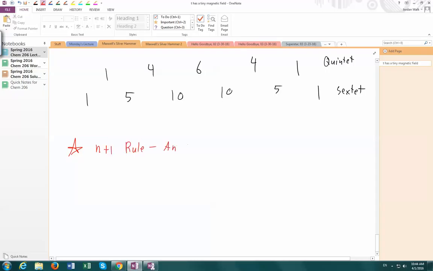And so the N+1 rule says that a hydrogen signal, or a proton signal, is split into N+1 peaks, where N equals the number of neighboring H's.